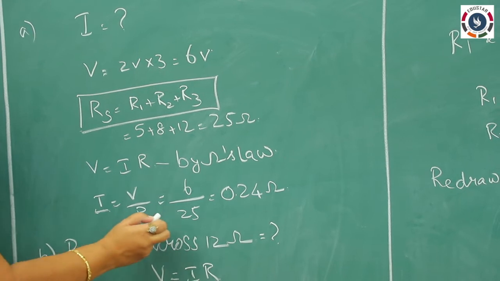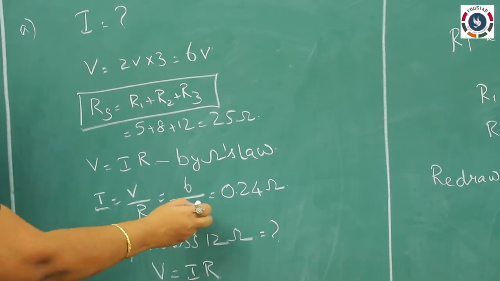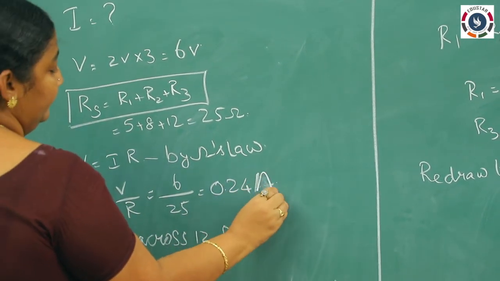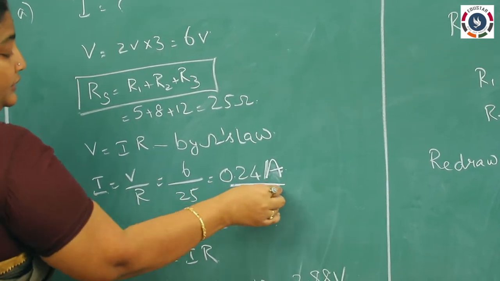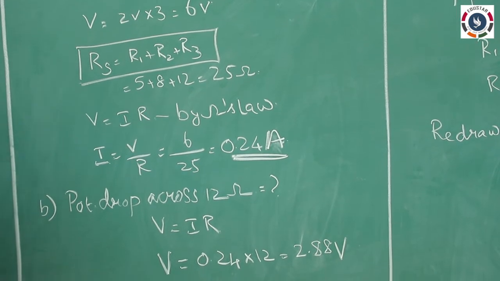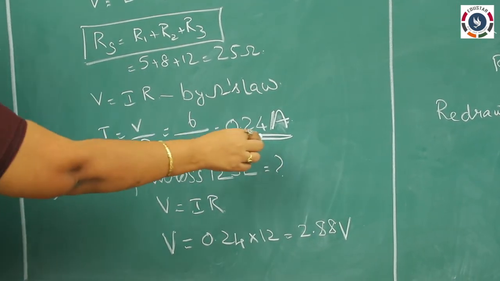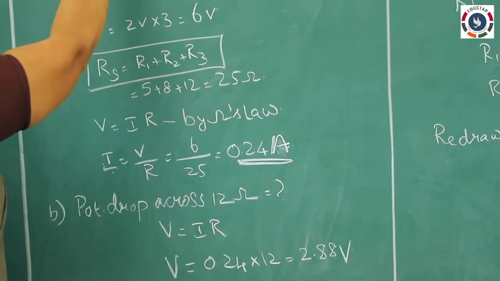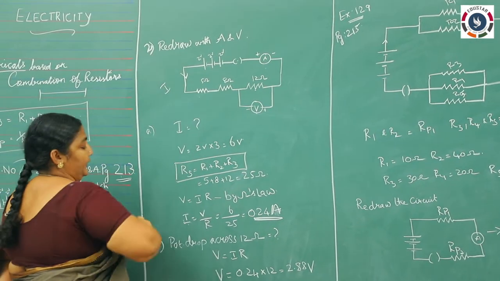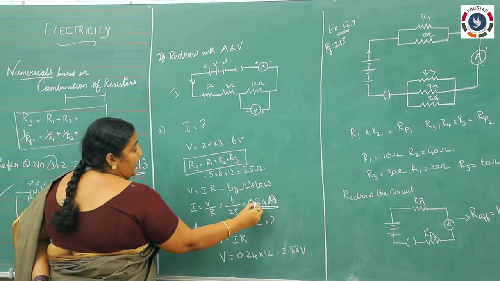V is 6 volt, R is 25 ohm. When we divide this, we get 0.24 ampere. Current is measured in the unit of ampere. So we have found the total current flowing in the circuit: I = 0.24 ampere.